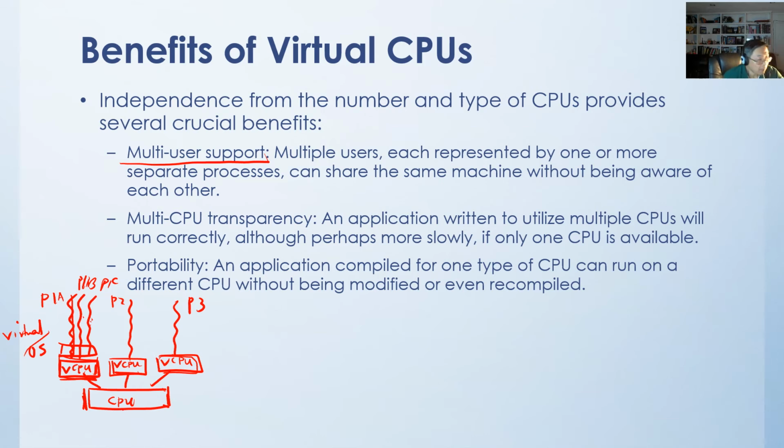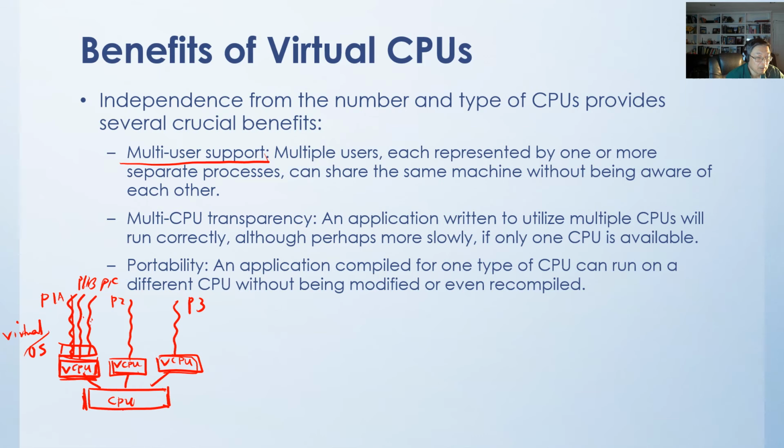Now the other benefit is multi-CPU transparency. In parallel computing, people create a lot of applications and programs that run on a parallel computer, that is, a computer which contains multiple CPUs.